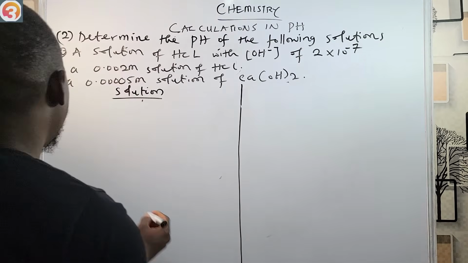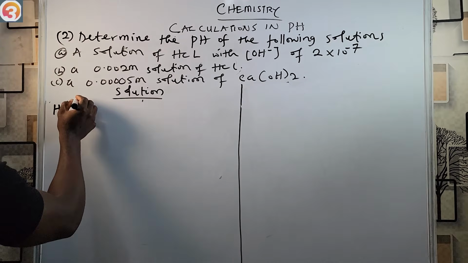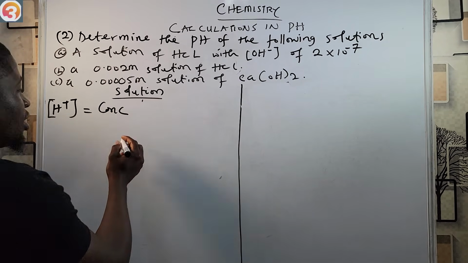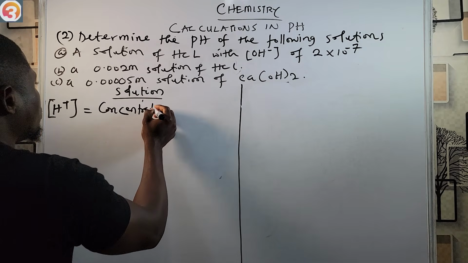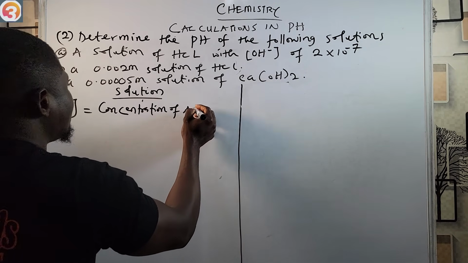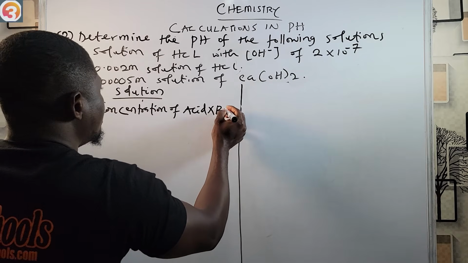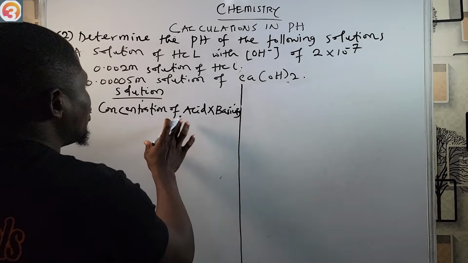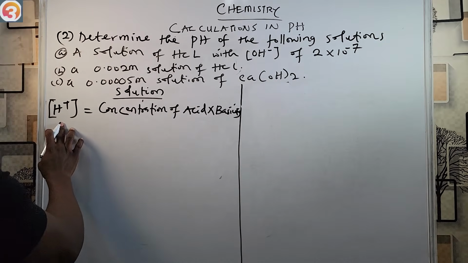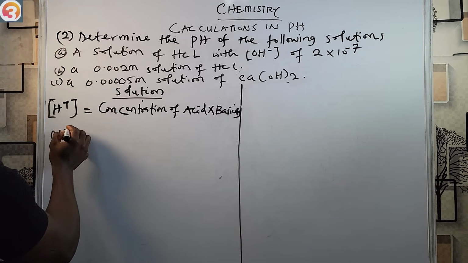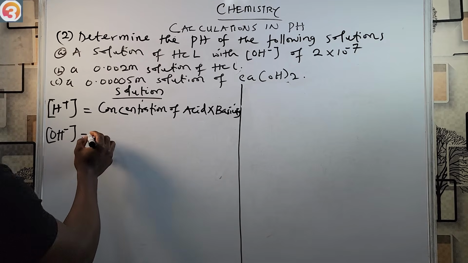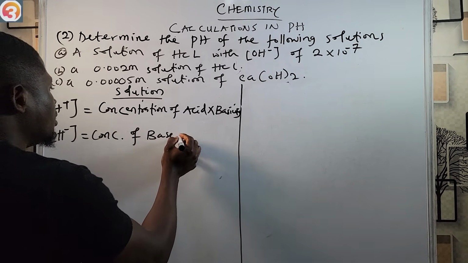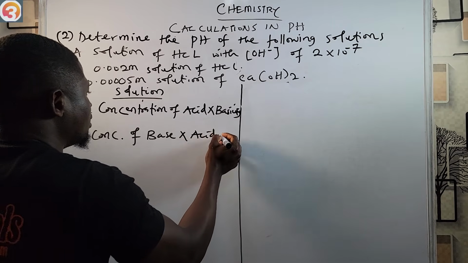So, a new formula: hydrogen ion concentration is the concentration of acid times basicity. Hydroxide ion concentration, on the other hand, is the concentration of base times acidity.